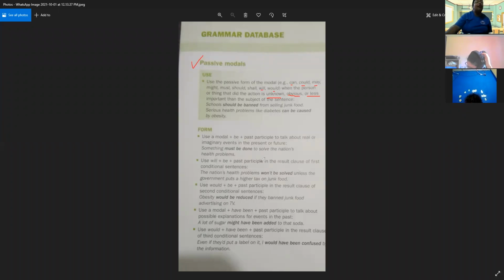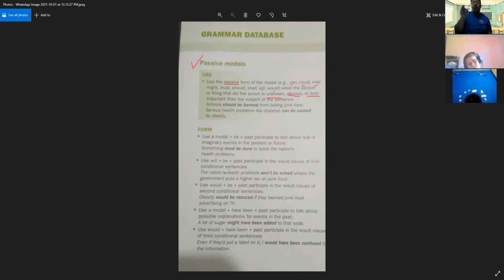Entonces, ¿cuándo vamos a utilizar la forma pasiva de estos modales? La forma pasiva porque hay una forma activa también. Entonces, ¿cuándo vamos a utilizar the passive form of the modals? When the person or thing that did the action is unknown, obvious, or less important than the subject of the sentence. Vamos a utilizarlos cuando la persona o la cosa que realiza la acción en la oración es desconocida, es obvia o es menos importante que el sujeto en la oración. ¿Ok?